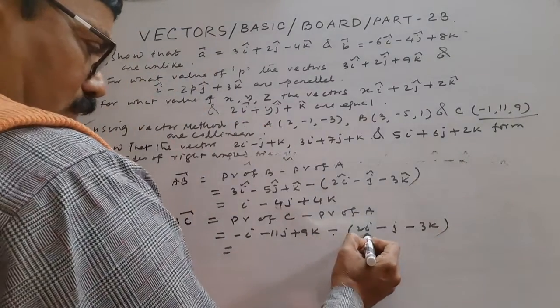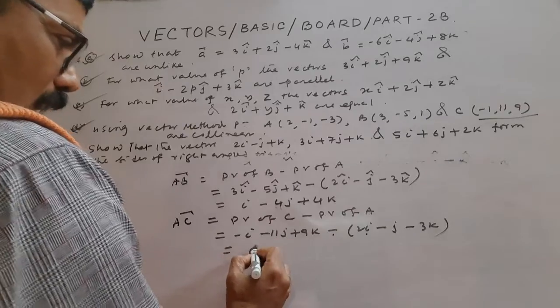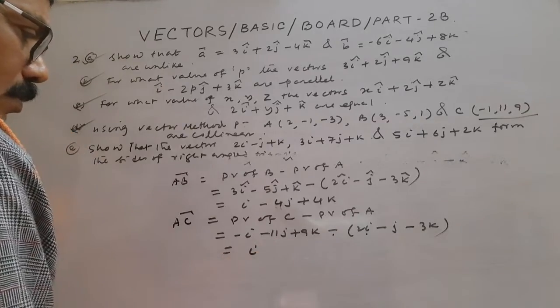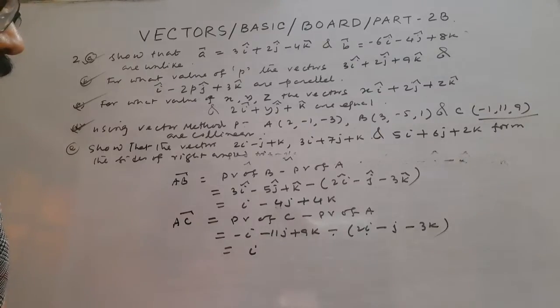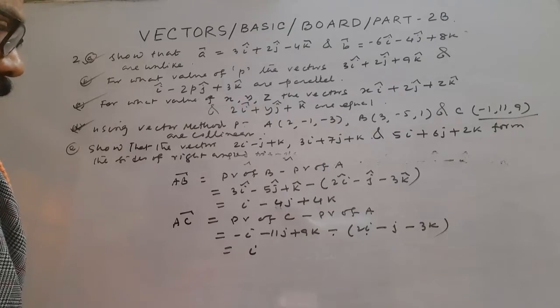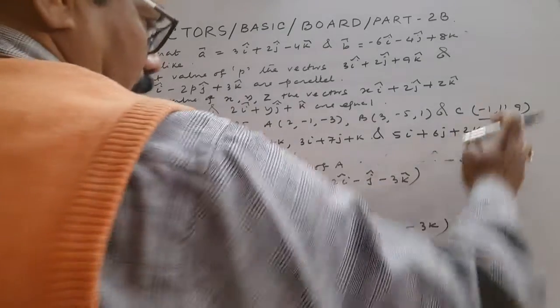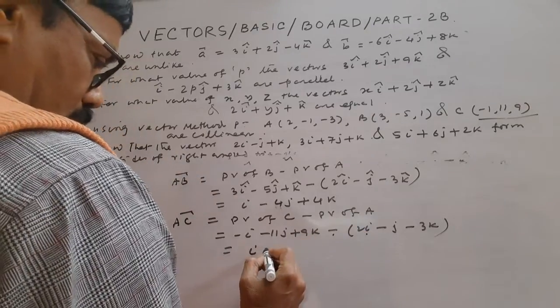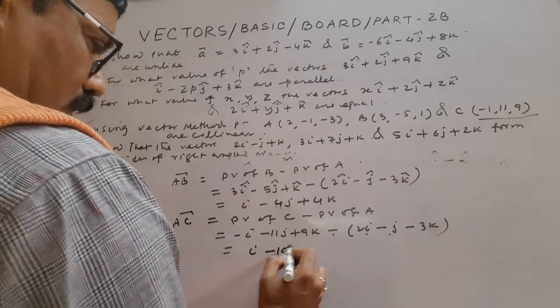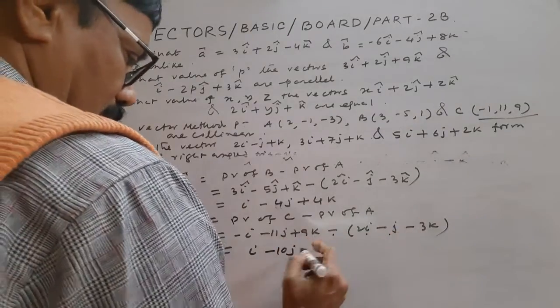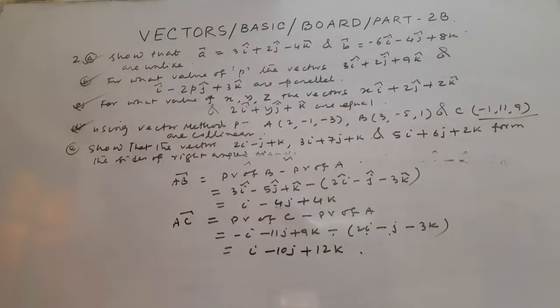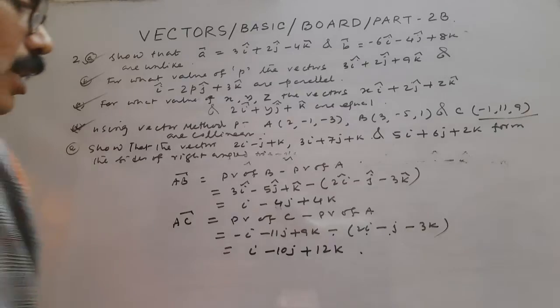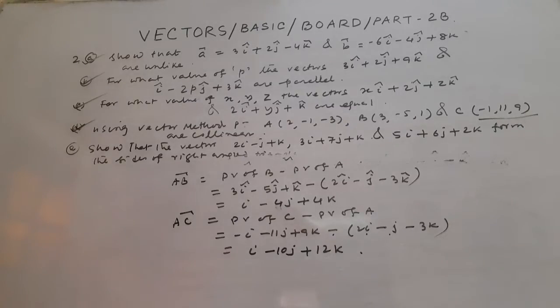So this is i, this is minus 10j, and 9k plus 3k is 12k. So AB is not a scalar multiple of AC.